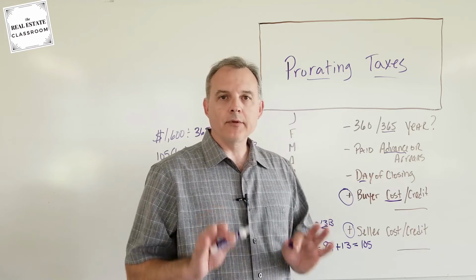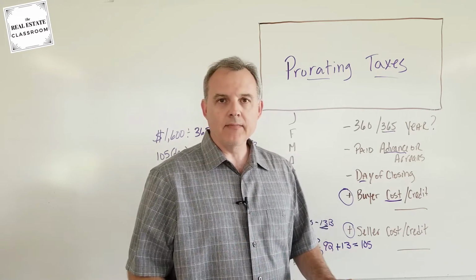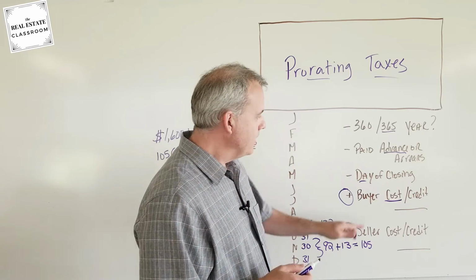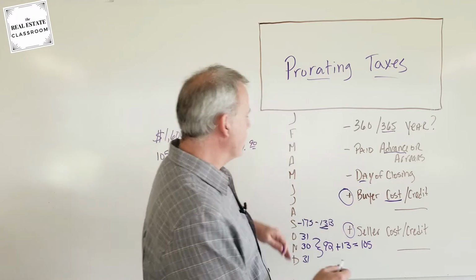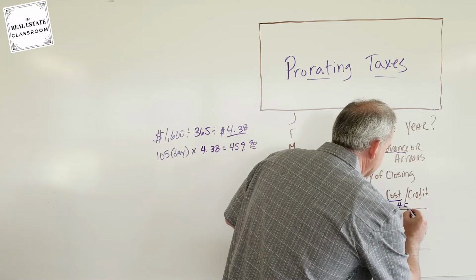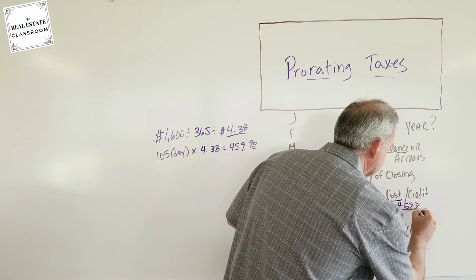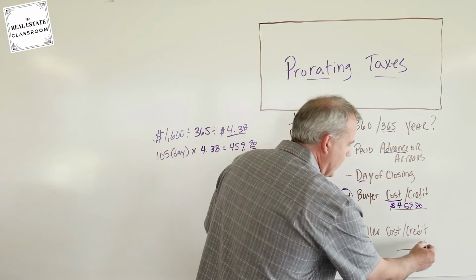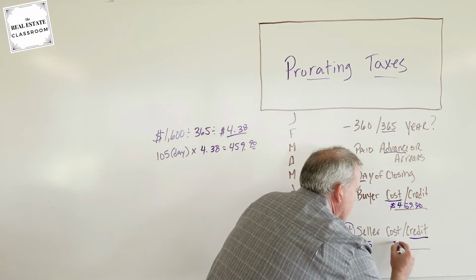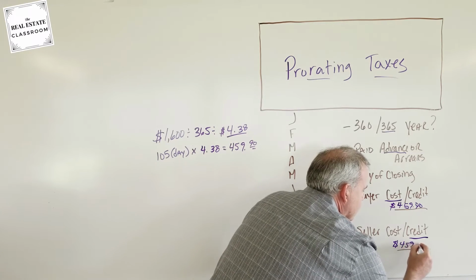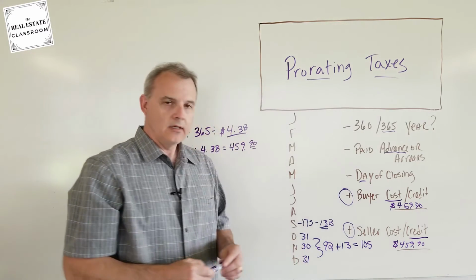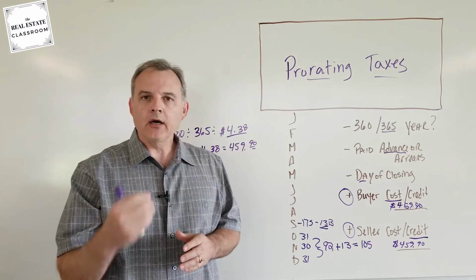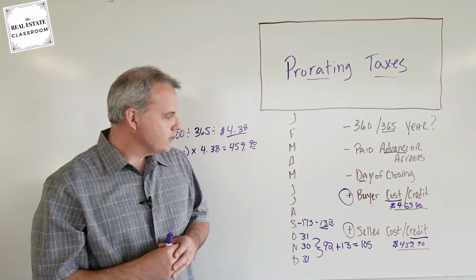Cost and debit, for the purposes of the real estate exam, mean the same thing, and the licensing exam likes to use those two terms interchangeably. So there's a buyer cost of $459.90. Therefore, there is a seller credit in the amount of $459.90.